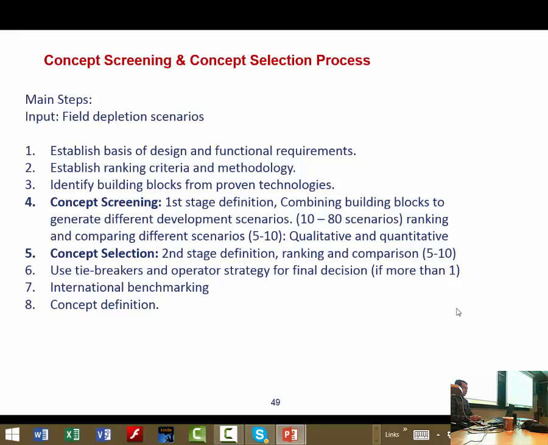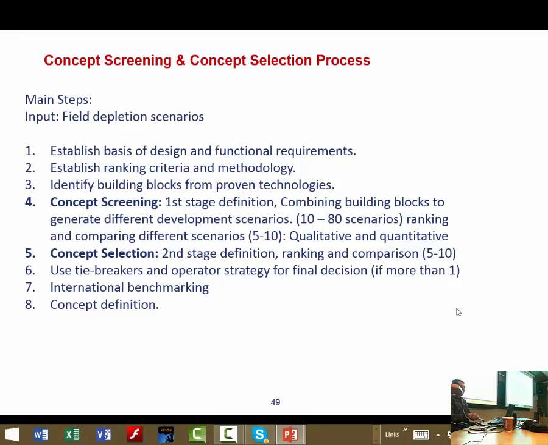And we start the first stage, which is concept screening. For this stage, you need to define your concept up to a level sufficient for this stage. So first stage definition is performed, and then we combine different building blocks with each other to generate different development scenarios, which can be up to 10 to 18 scenarios, for example.